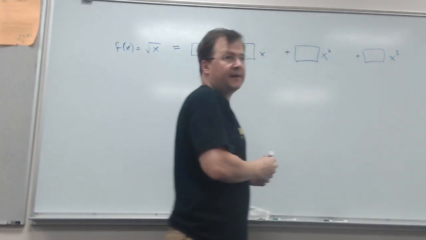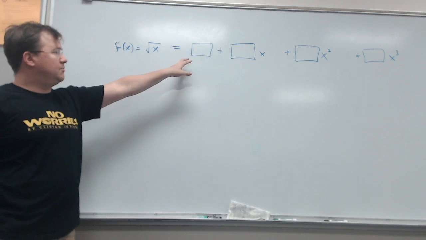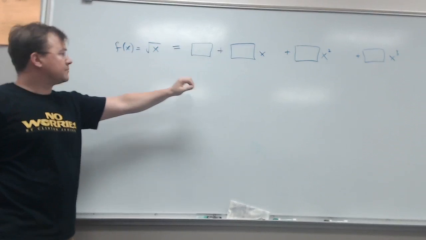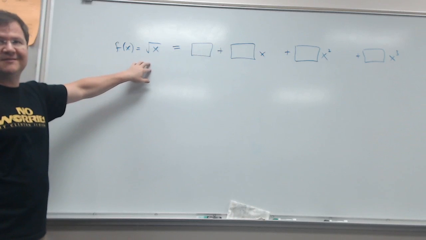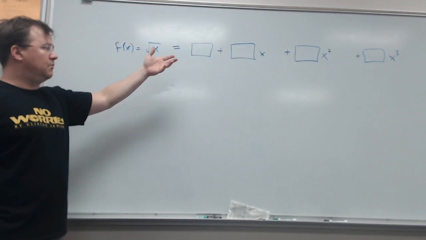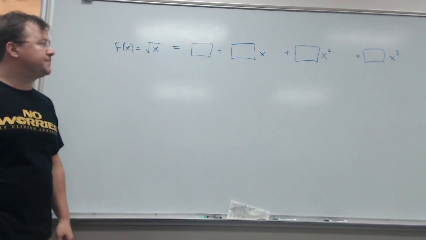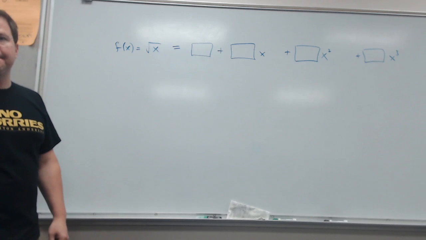At least that's the hope. And finding coefficients that would make this polynomial look a lot like this would be finding a Maclaurin series. That would be called a Maclaurin series, right?